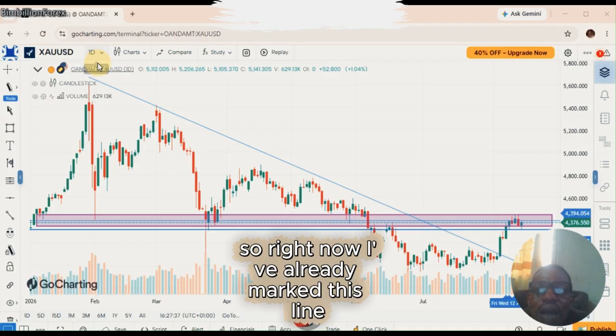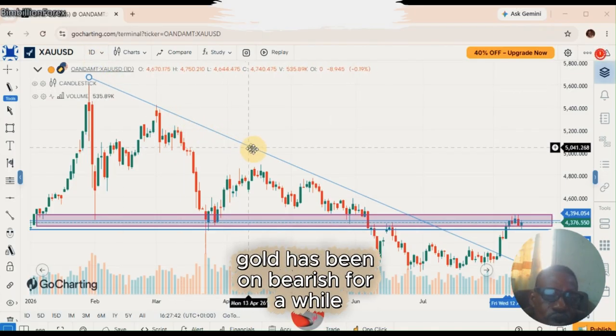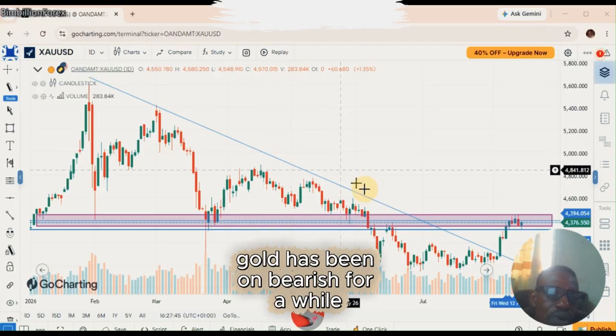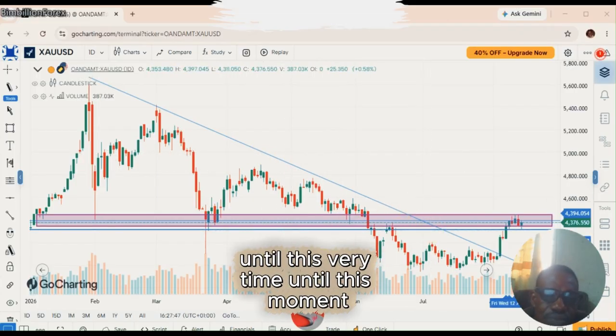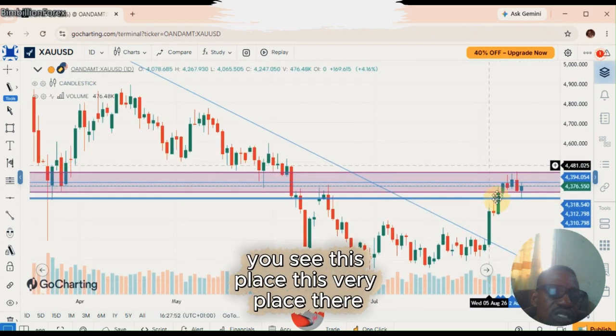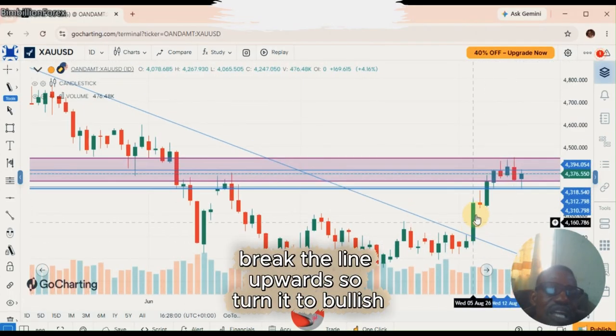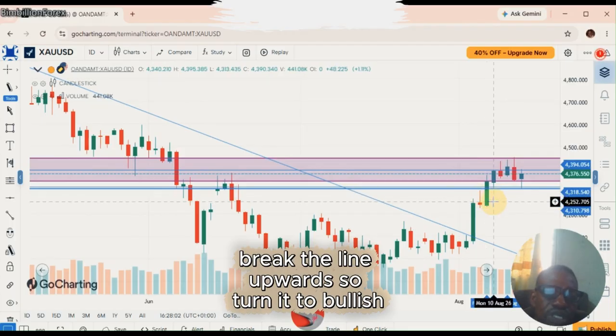Right now, I've already marked this trend line. Gold has been bearish for a while until this moment. You see this place, it has now broken this line upward, so turning bullish.